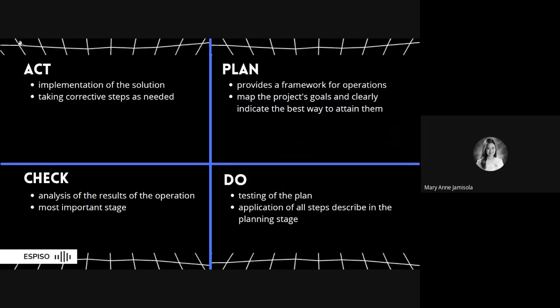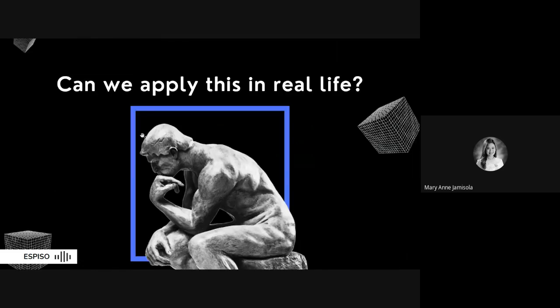Remember that do and act are two different things. Okay, remember that. So you can ask yourself, can we apply this in our real life? For example, you plan on getting good grades for your subjects this semester.